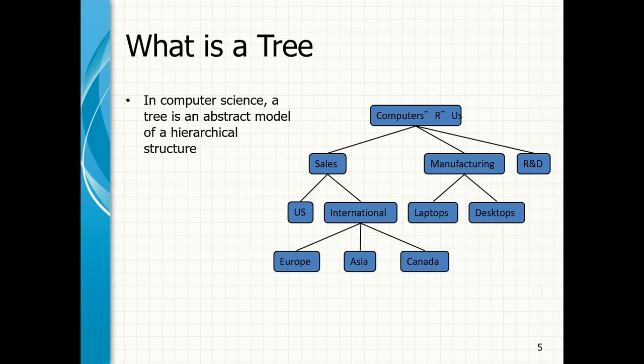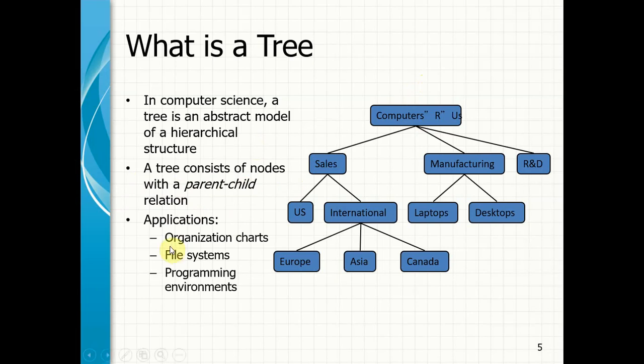So usually it starts with the root, unlike the tree in nature. A tree in computer science will have the root at the top, instead of the actual tree that starts from the ground. So a tree consists of nodes with parent-child relations, just like you can imagine about the term family tree, right?